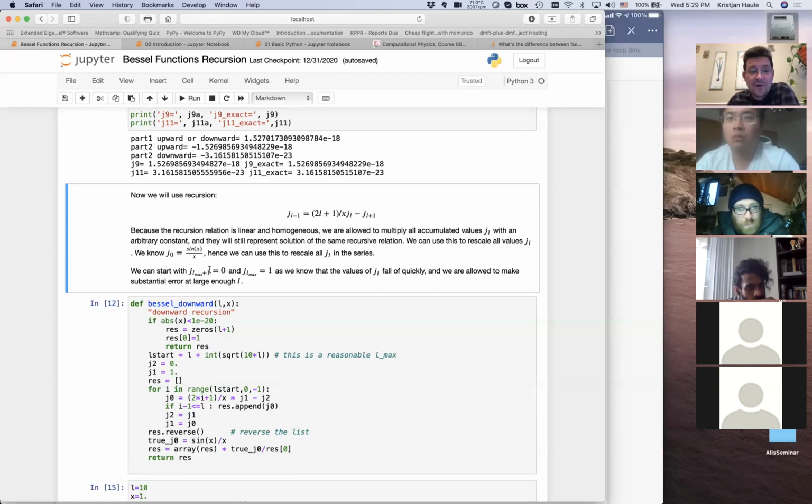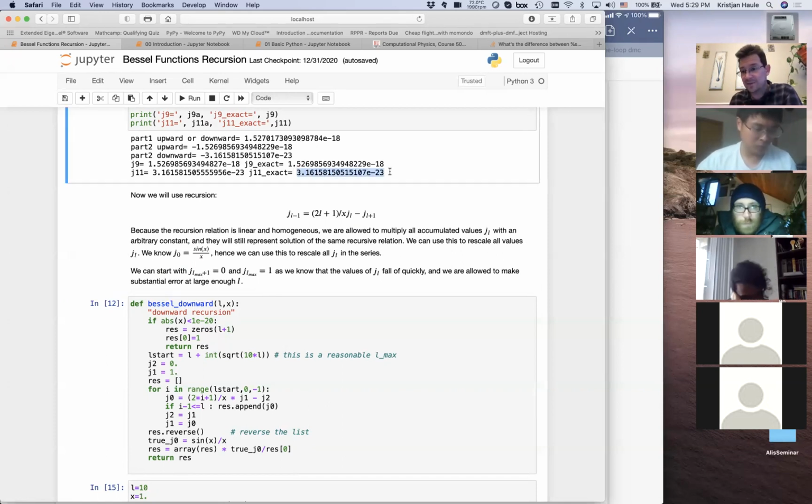So for some large enough L, we can set it to 0 without loss of accuracy. Let's say that J(L max plus 1) is 10 to the minus 23, for example. For the precision that we need, this is equal to 0. We can equally set it to 0.